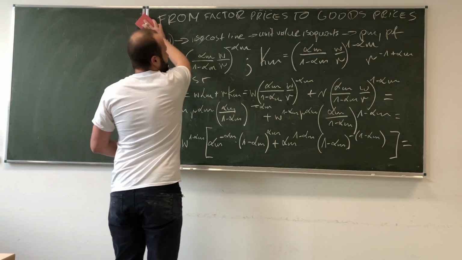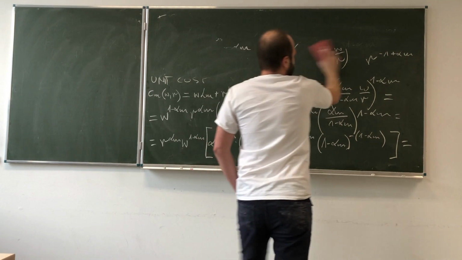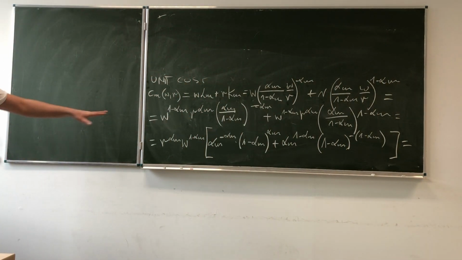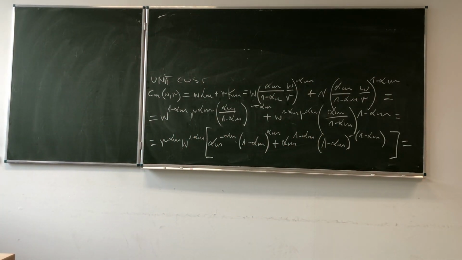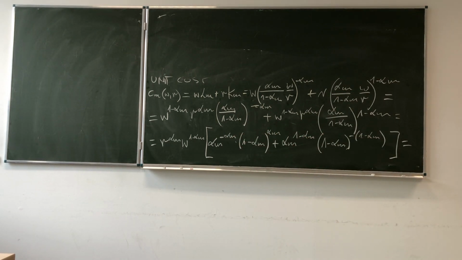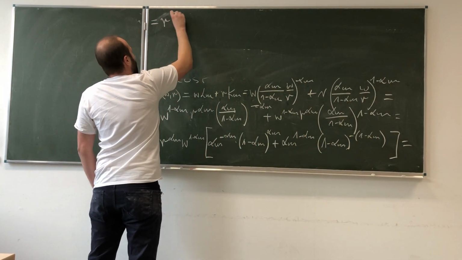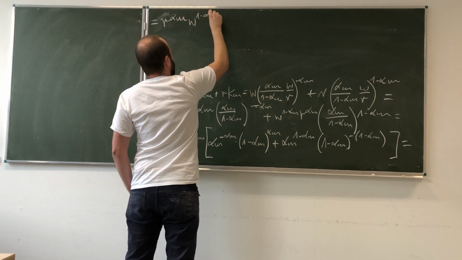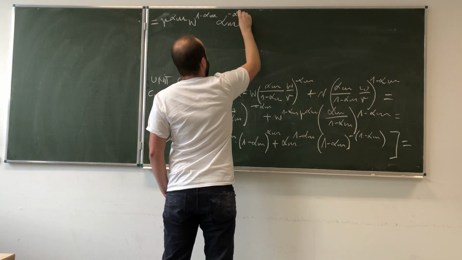Let me just erase some part of it. Okay, what else? What I'm going to do is take alpha m to the power negative alpha m out of the brackets, right? So we get that this is r alpha m times w to the power 1 minus alpha m, to the power negative alpha m.